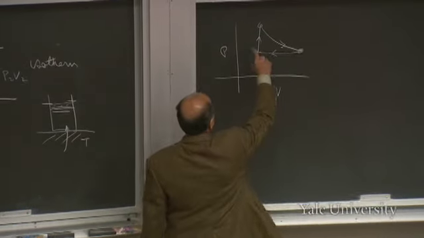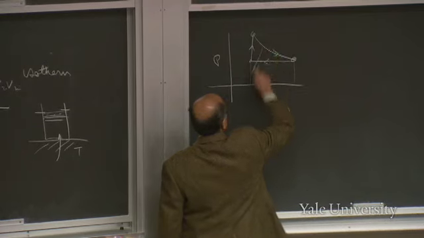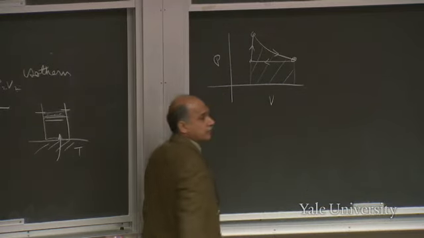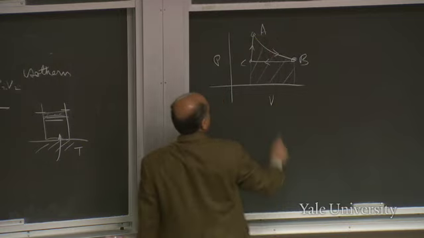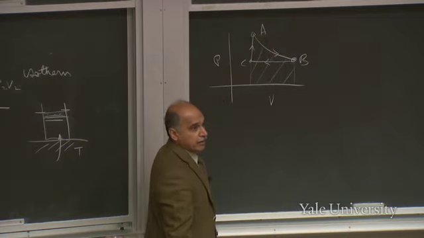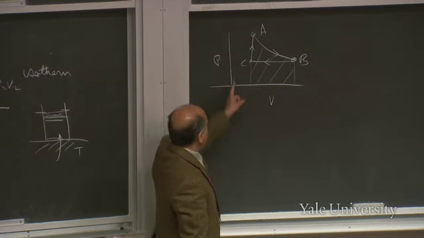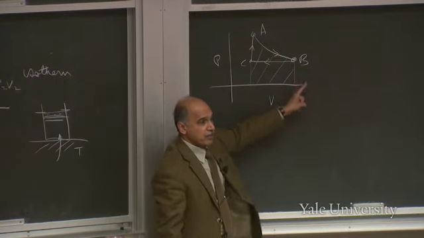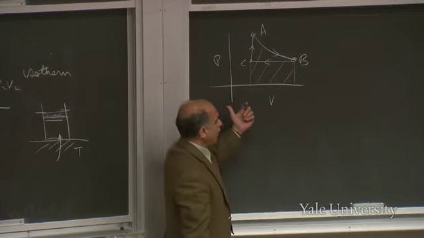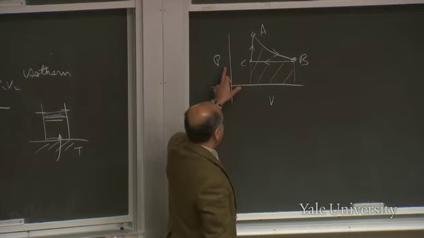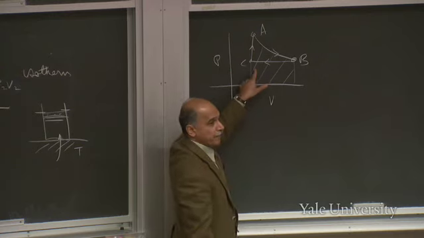The work done in the curvy part of it is all of this. That's in the part AB. In the part BC, work done is the area of this rectangle, but it's counted as negative because the gas is being compressed, or if you like, it's at some constant pressure, but the change in volume is negative for every step.